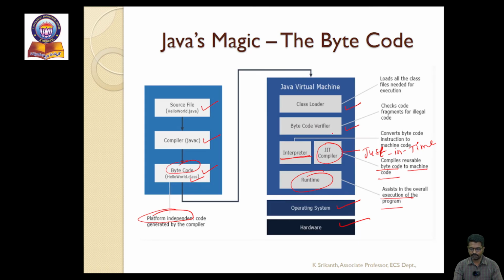If bytecode verification is successful, then the bytecode is given to the interpreter, where line by line execution is done, and it is converted into machine code with the help of the JIT compiler, where reusable bytecodes are converted into machine code. The machine code is given to the runtime environment to execute our applications with the help of the operating system and the hardware.